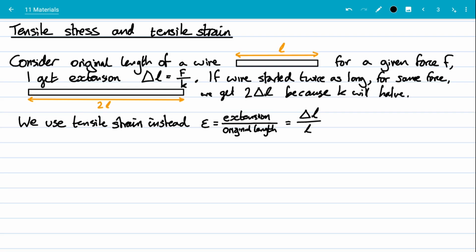That's what it tells me. So I can replace extension in my graph with my tensile strain, and now all of a sudden I don't care what the original length of that material was. Now we could do the same thing for cross-sectional area.